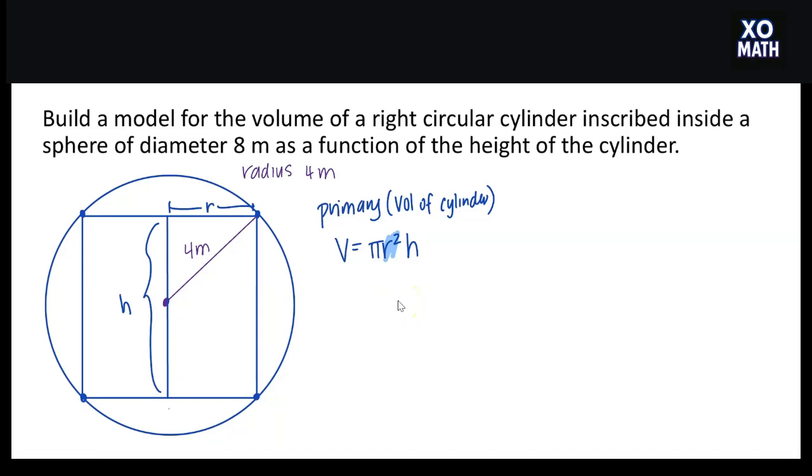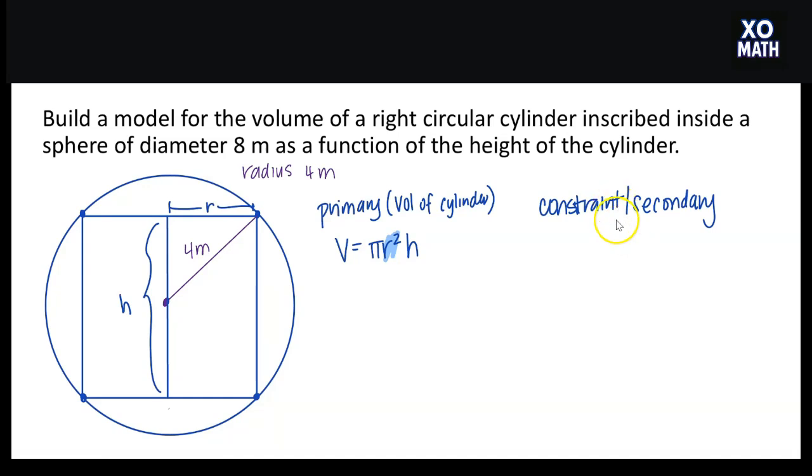Okay, so now I'm going to need a constraint equation. So my constraint equation, or my secondary equation, is going to have to be some equation that relates the variables little r and little h together so that I can rewrite this primary equation without an r in it.